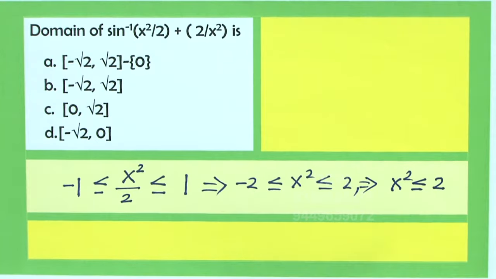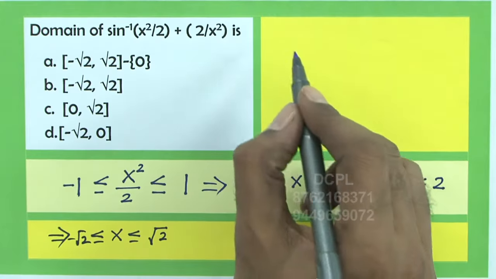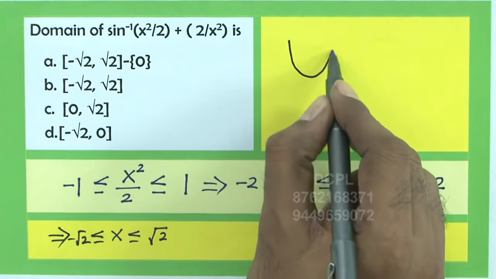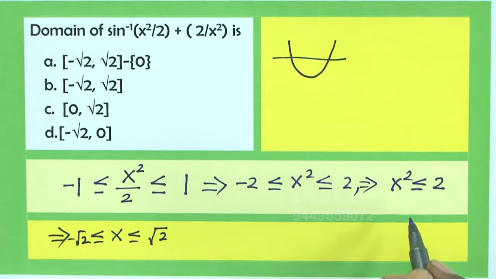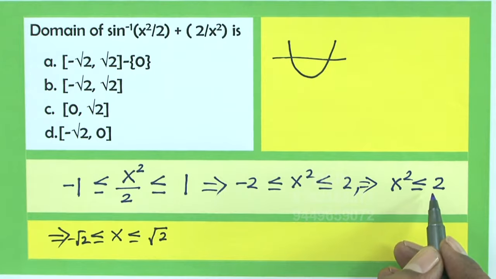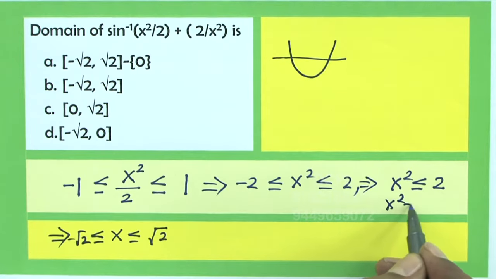Or I can say x square is less than or equal to 2. This implies x is less than or equal to root 2 and greater than or equal to minus root 2. How do you say that? I am just drawing the graph of y is equal to x square minus 2. Actually x square less than or equal to 2 means x square minus 2 is less than or equal to 0.